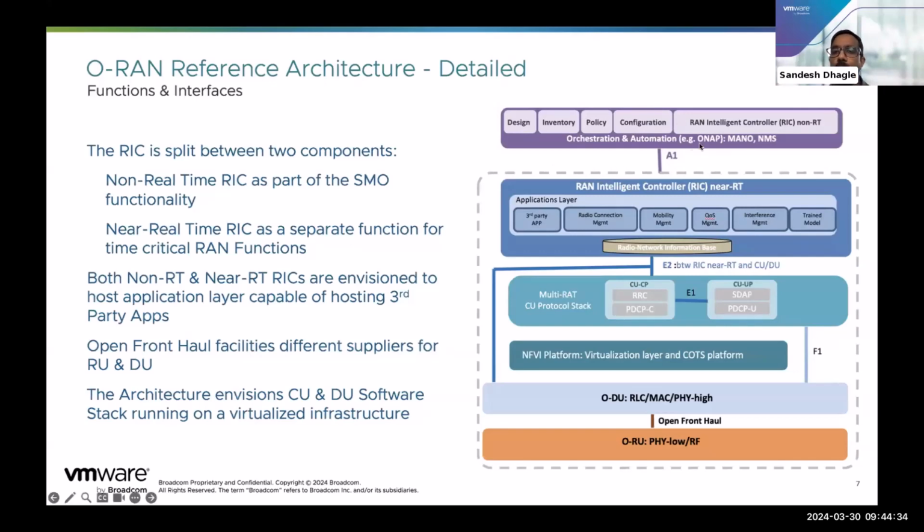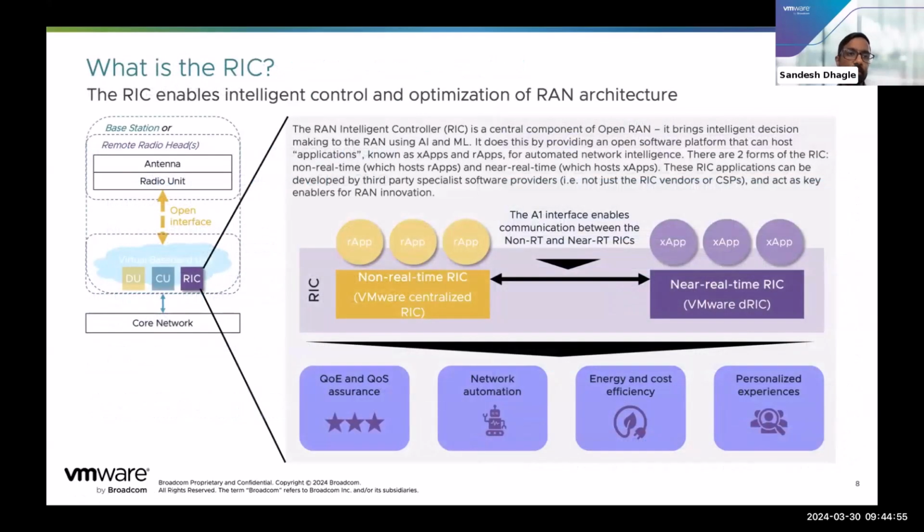And then there is a separate component, the near real-time RIC, which takes care of the control plane algorithms of the RAN, which are between say 10 milliseconds to 1 second. So this is how the RIC is functionally split.